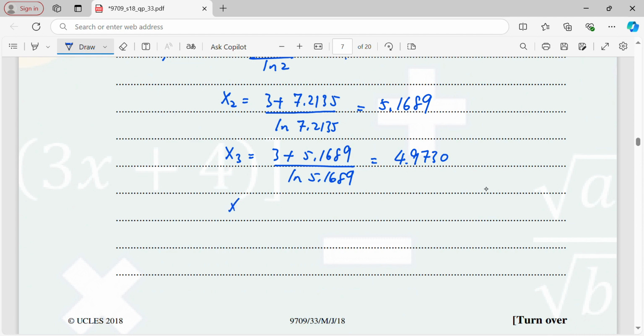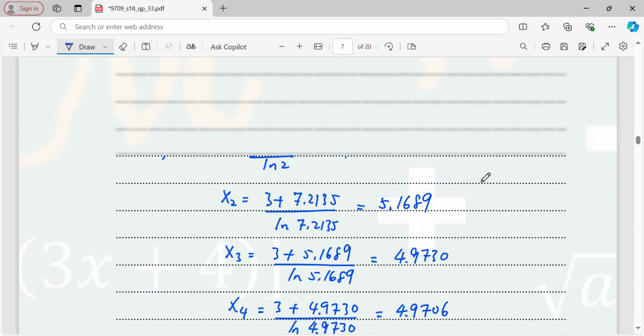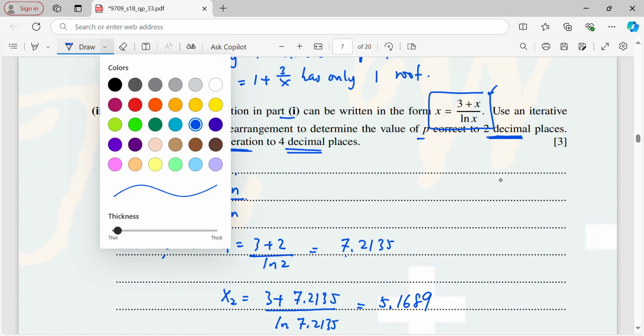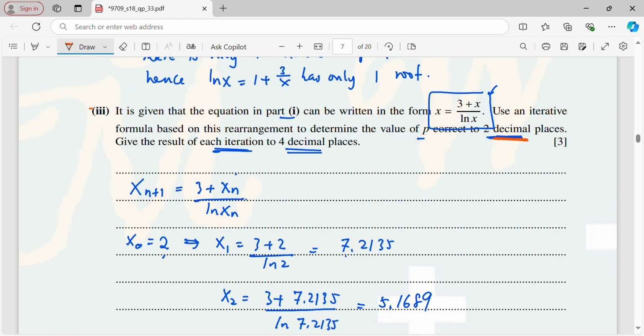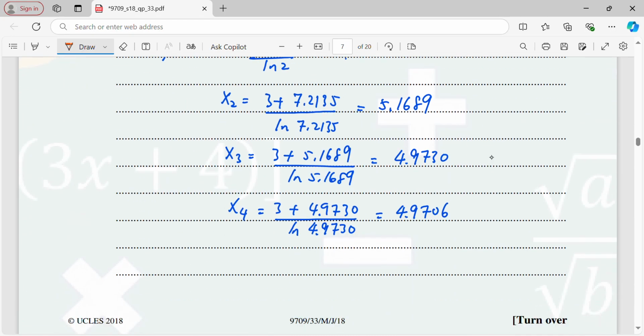So for x4, this is going to be 3 plus 4.9730 over ln 4.9730, and now you will be getting 4.9706. Okay, as I mentioned just now, you need to get your answer correct to 2 decimal places. That means here 97, this is 97, and I know that I should stop here because this is 06.